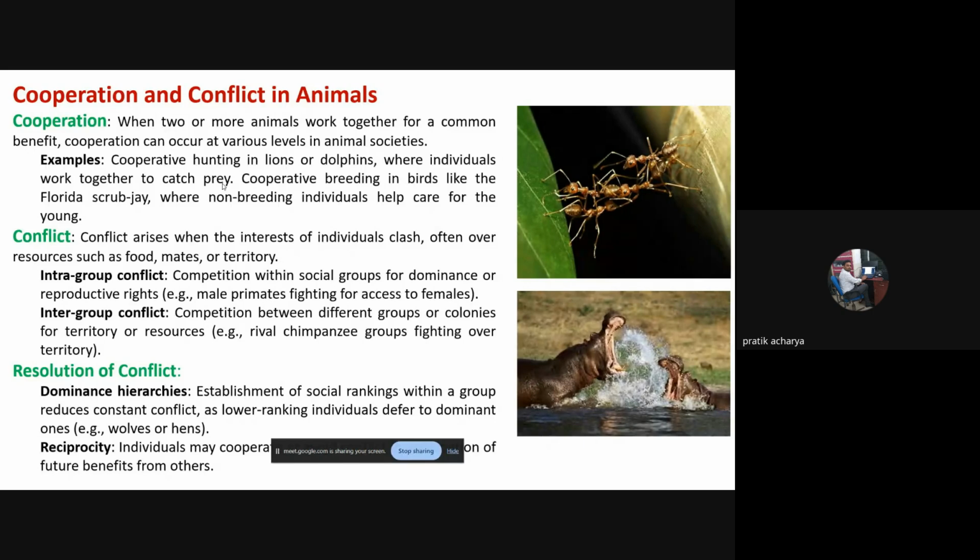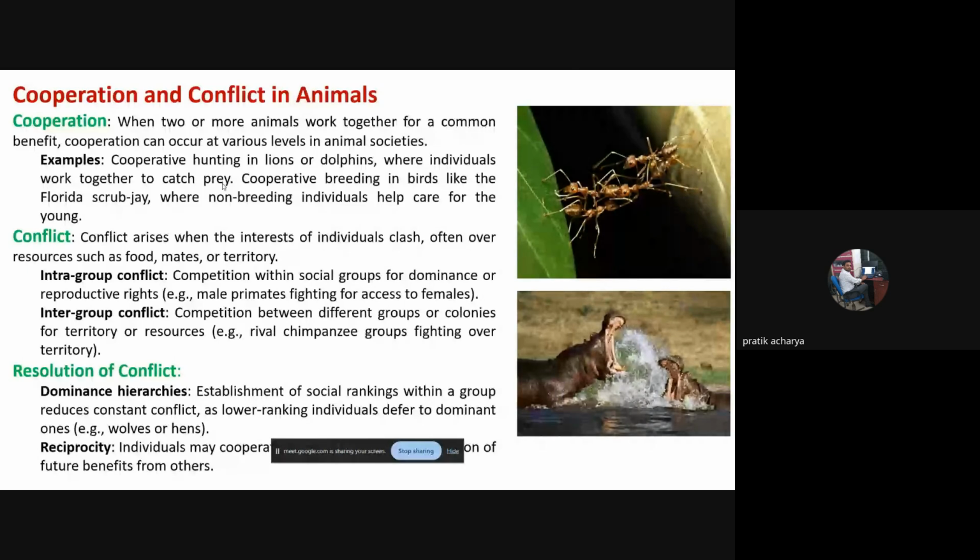Intra-group conflict is the competition within social groups for dominance or reproductive rights, particularly when male primates fight for access to females. That kind is known as intra-group conflict. For sexual selection purposes, most male primates fight with each other to mate with a particular female.